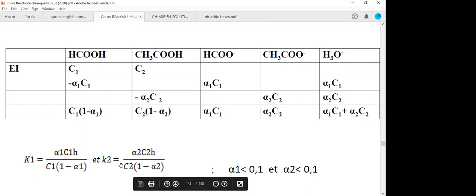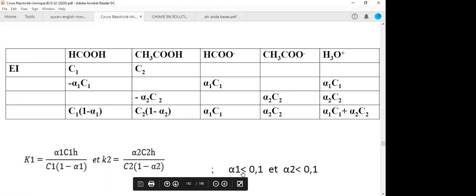Same for acid D: the constant of acidity for acid D is given by the number of moles of H3O+ times the number of moles of this one, the conjugate base, divided by the number of moles that remain. So you are seeing here there is H. There is H, you will see what H is on the next page.